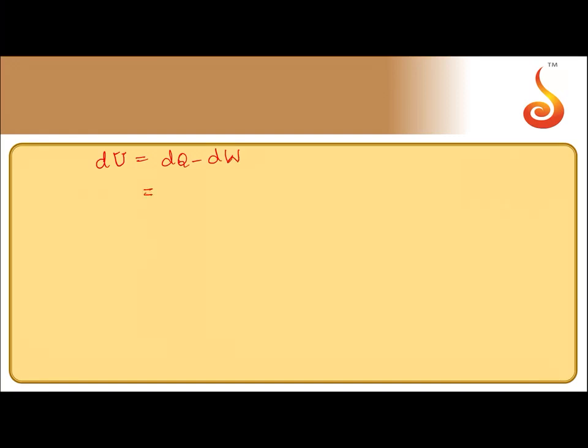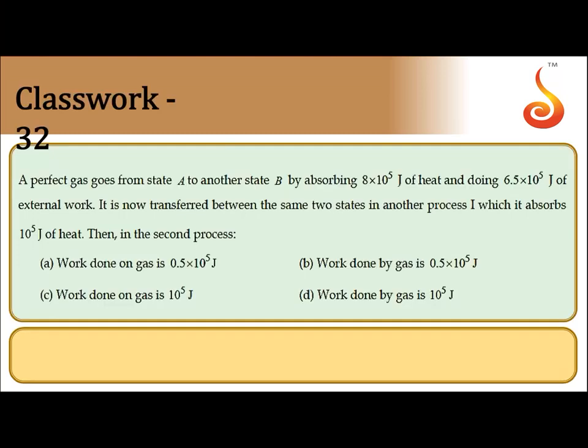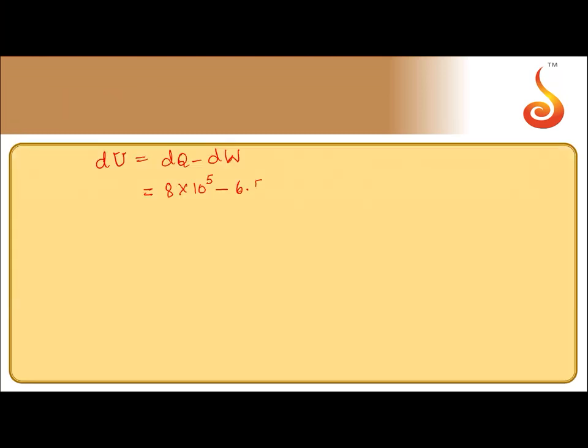So in the first case, heat supplied is 8 into 10 to the power 5 minus work done is 6.5 into 10 power 5. So that will be equal to 1.5 into 10 to the power 5 joule. This is dU. This is for first process.